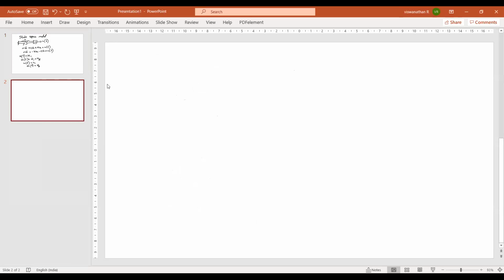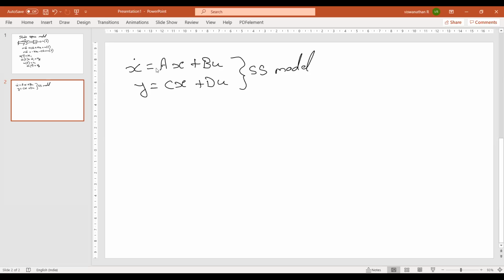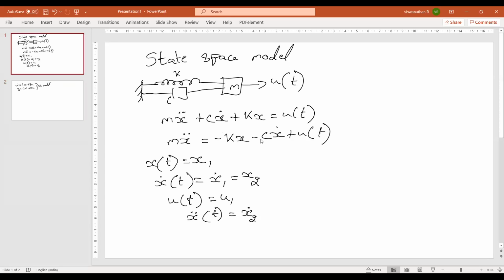We wanted it in the form of x dot is equal to A x plus B u and y is equal to C x plus D u. This is the form of the state space model, so it has to be written in this form. You have this equation.